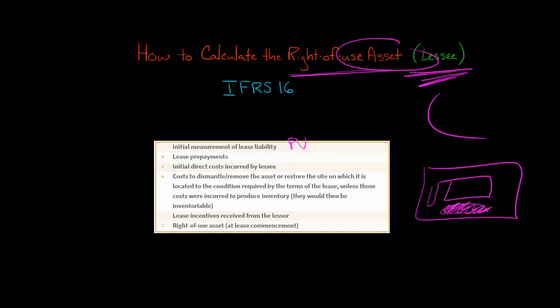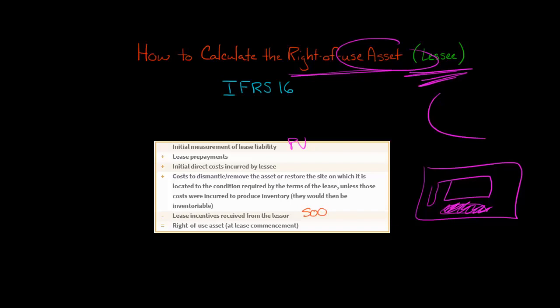Now, if the lessee receives any incentives from the lessor, then those are going to be subtracted in calculating the right-of-use asset. Okay, those are going to be deducted. An example would be the lessor is trying to get the lessee to sign the lease, and they say, listen, if you sign the lease right now, we will give you 500 euros, right? Doesn't that sound great? Here's 500 euros, just sign this piece of paper.